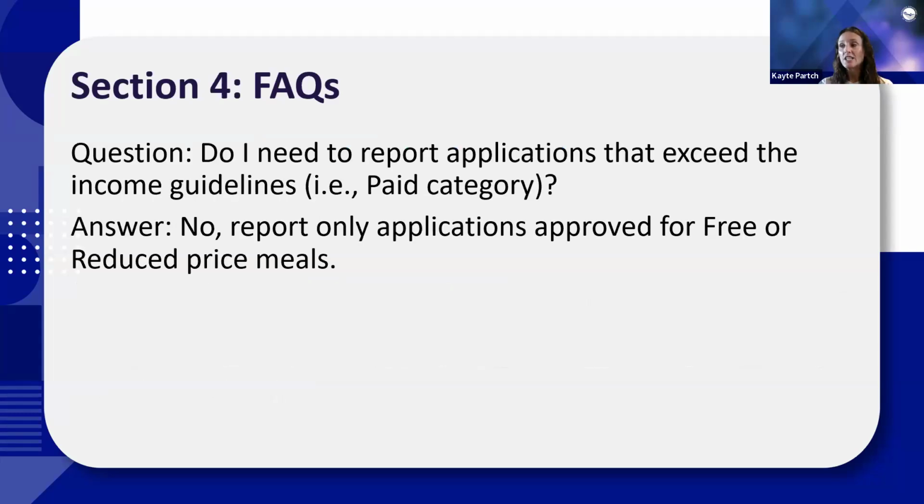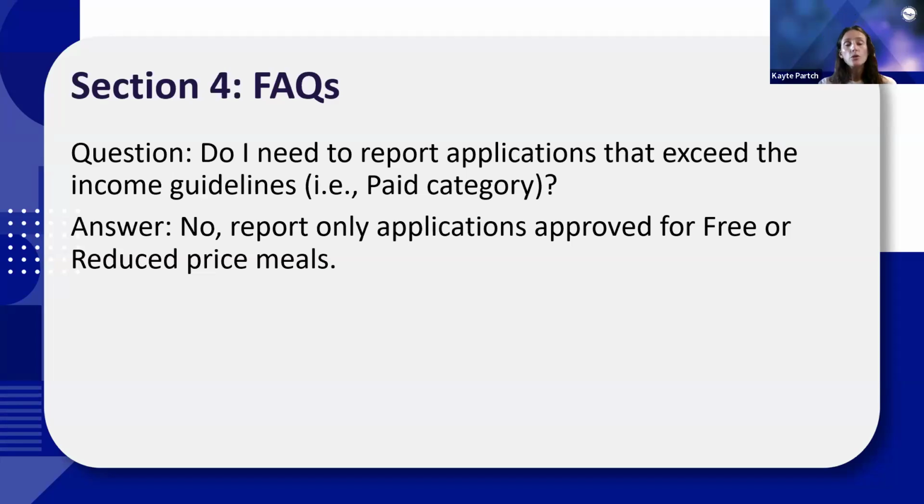Another question, do I need to report applications that exceed the income guidelines and identified students qualify for paid price meals? The answer to this is no. Those applications are not part of your verification pool. They would never be selected to submit a request to a household to provide information or documentation that supports what they wrote on the application, because there was not a meal benefit derived from that application.